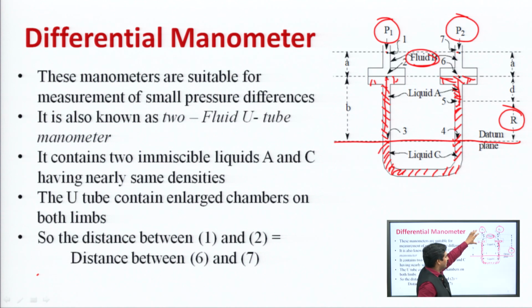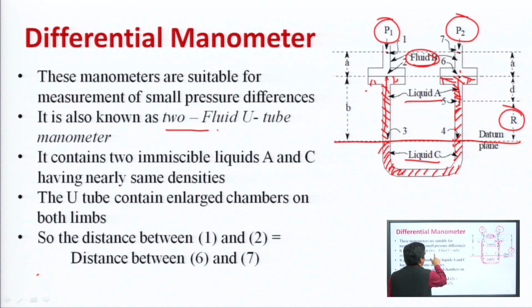It is a simple U tube manometer with enlarged chambers on both the limbs. That is, it has two immiscible liquids having different densities, but nearer to each other, not a much difference between the densities. So, that is why it is also called a two fluid U tube manometer.